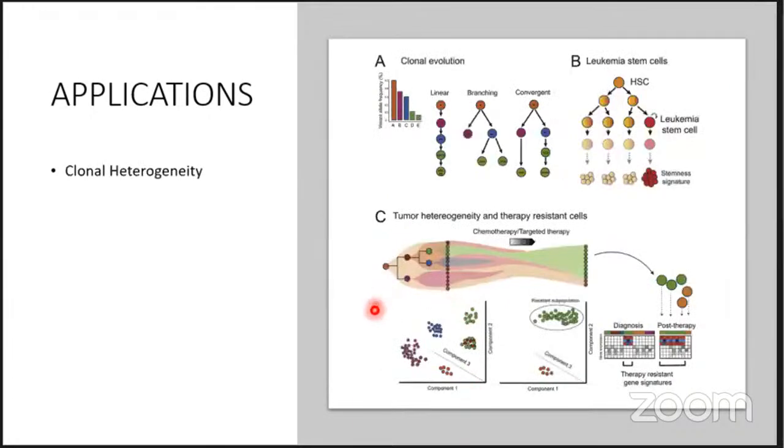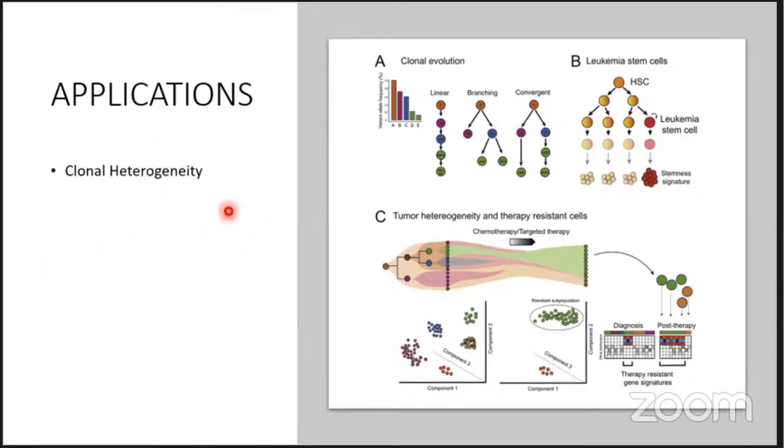The second most important application is clonal heterogeneity. As we know, in any kind of tumor, whether it's ovarian cancer, colon cancer, or breast cancer, we know that already the immune infiltrating cells will be there, which gives us the clonality of the tumor. So this is the unique phenomenon of the tumor microenvironment.